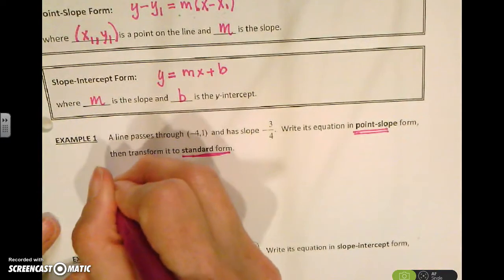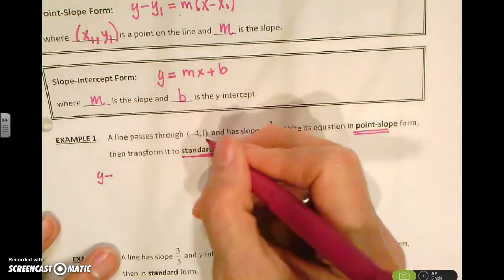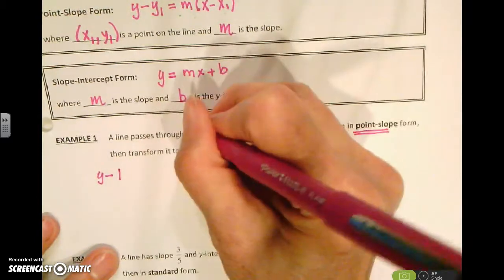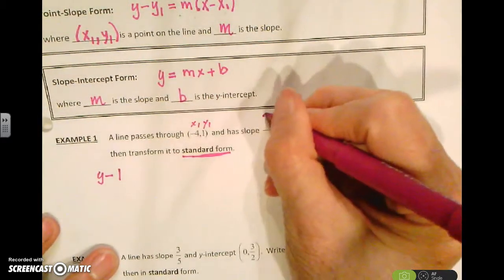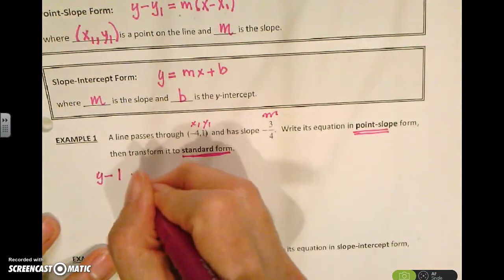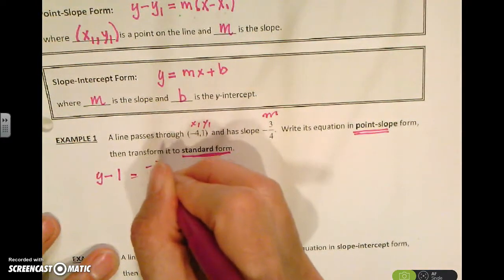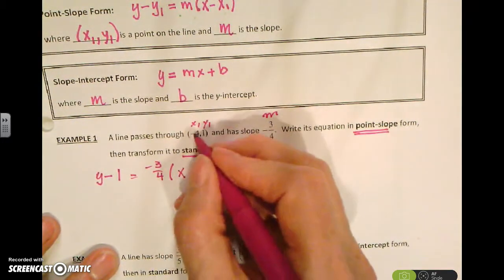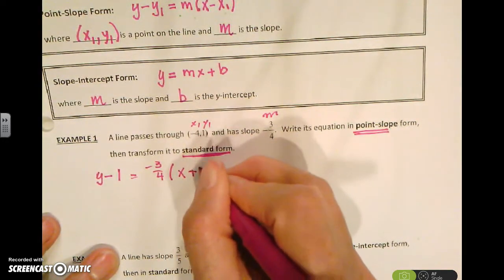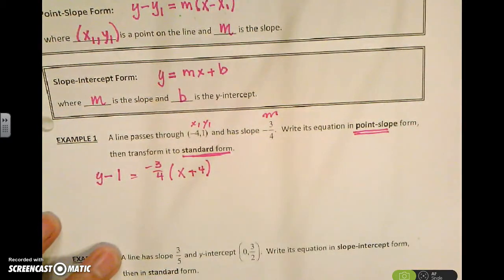We're going to say y minus the y value, which is 1. So this is my x sub 1, y sub 1, and here's my m, is equal to negative 3/4, open parentheses, x minus a negative 4, which is going to make it plus 4.